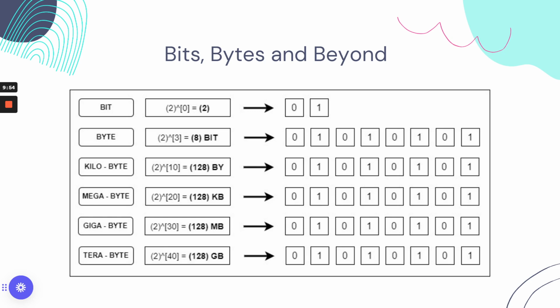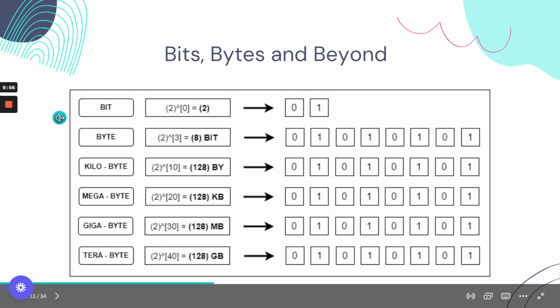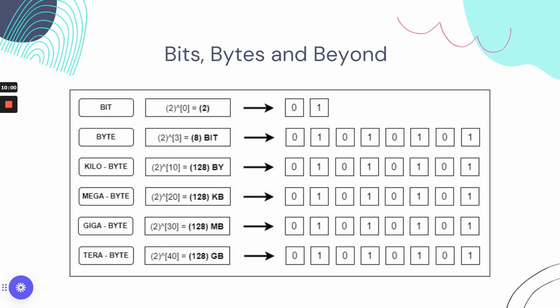Bits, bytes, and beyond. Here you can see a bit is based on a base 2 system. So the base for every bit, based on the 2 possible binary values of 0 and 1, is the number 2. It starts with 2 to the power of 0, meaning that a bit can only express 0 or 1, 2 possibilities.